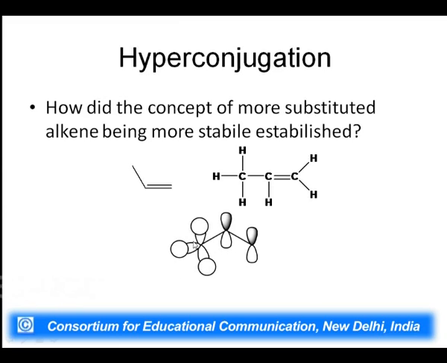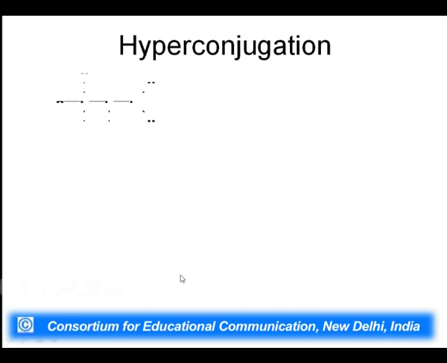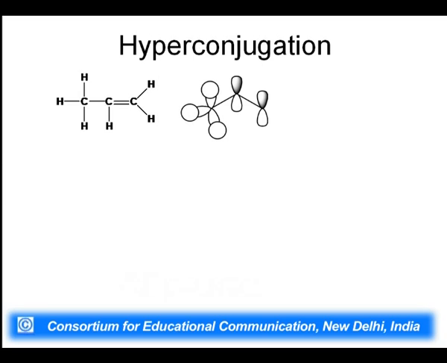This methyl I have depicted as three sp3 hybridized carbon orbitals attached to the s orbitals of hydrogens. So, what is happening in hyperconjugation? This structure may be resonance stabilized, as this pi cloud is conjugated to this carbon-hydrogen sigma bond.